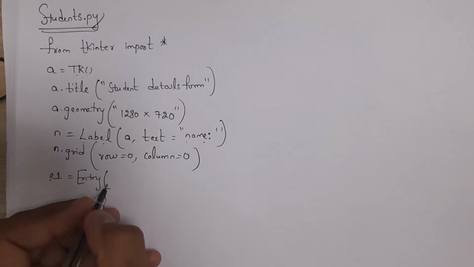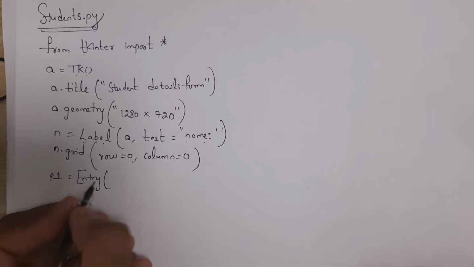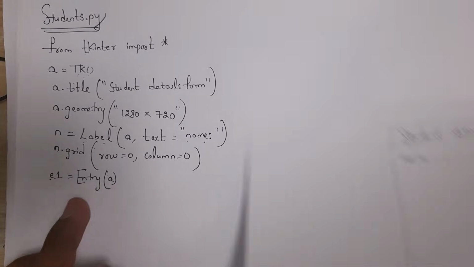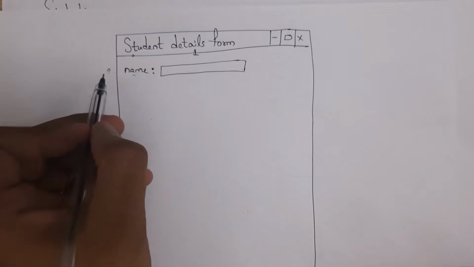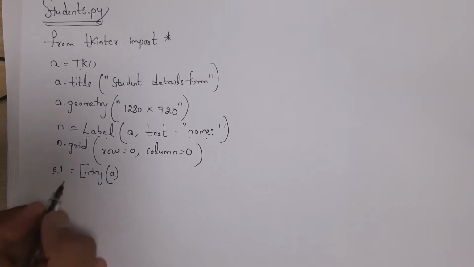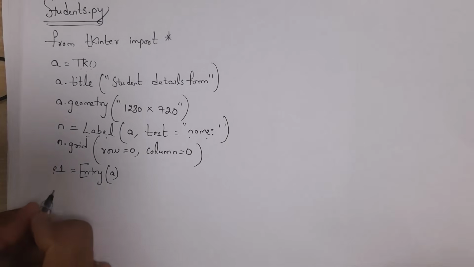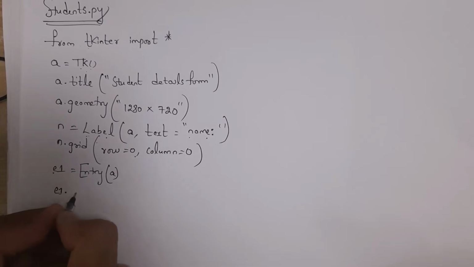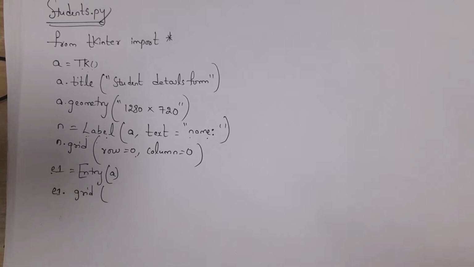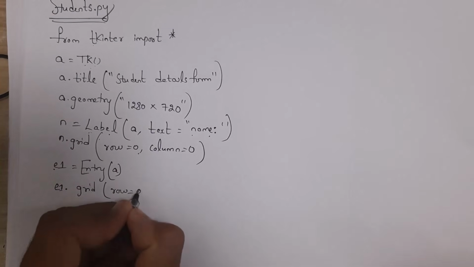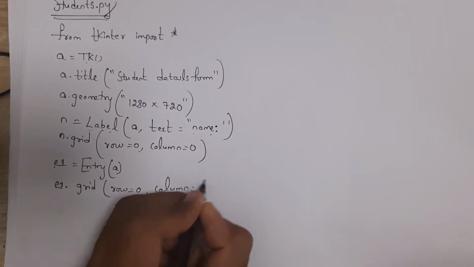I want to place this entry box inside the window, so Entry of a. And where do you want to place this entry box? I want to place it in the first row, second column. My box is present in variable e1. So just write here e1 dot grid. Inside brackets write row equal to 0 and column equal to 1.